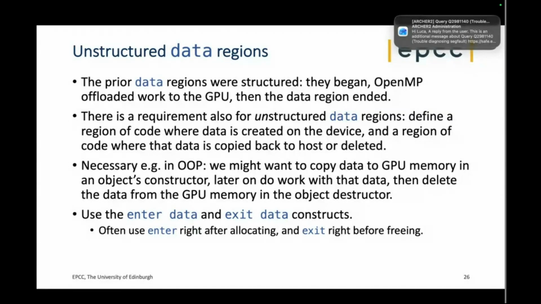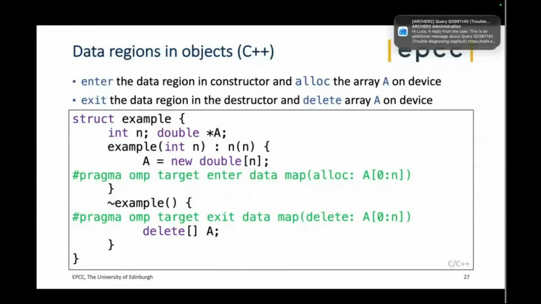This is an example where we have a C++ struct which contains an array, a pointer to a double, so double precision. In the constructor, whenever we create an instance of this object, we allocate some memory. And we want to map it to the GPU as well, so we can use it straight away.